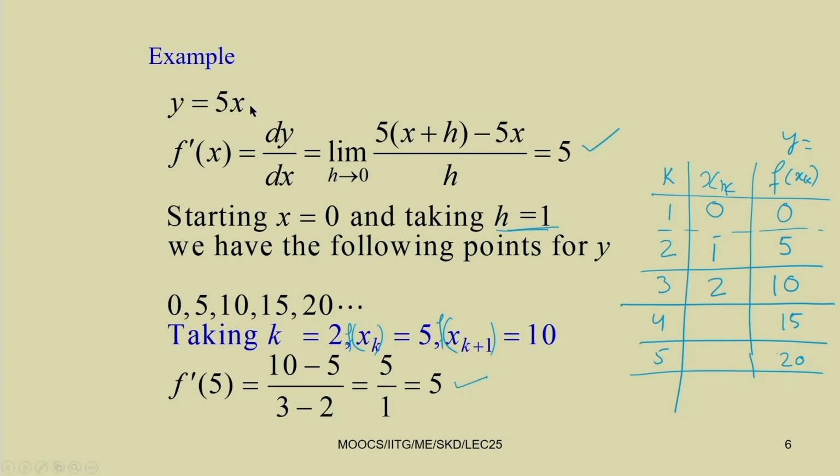This is a linear equation, so we are getting the same thing, but when the equation is not linear, if we are taking for example some other curve, then this interval is very important. This interval must be taken very small to get the differentiation properly. By taking different values, for example, let us have the sine curve also.